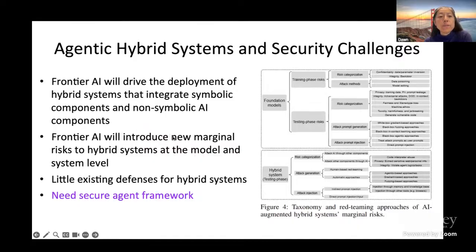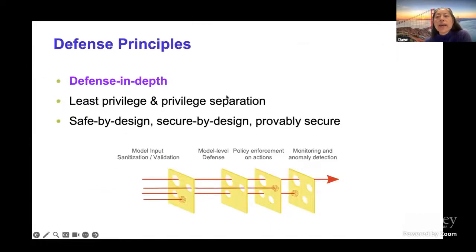In particular, these frontier AI models introduce new marginal risks to hybrid systems at both the model and system level. Currently, there is very little existing defense for hybrid systems, and hence this motivates the work on developing new secure agent frameworks. So first, let's look at several defense principles at a high level.